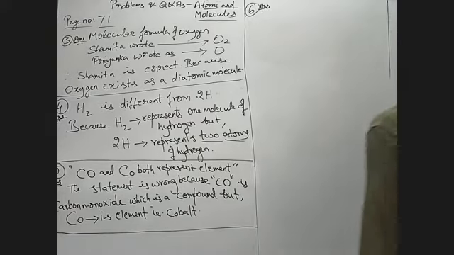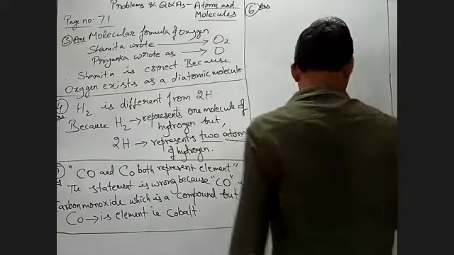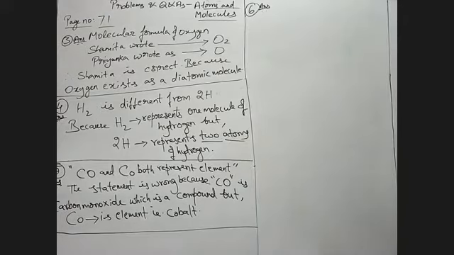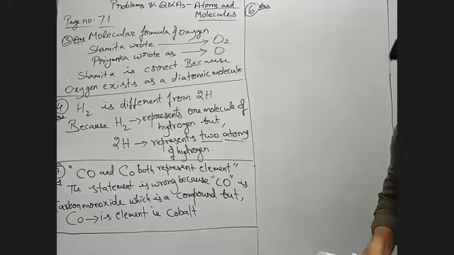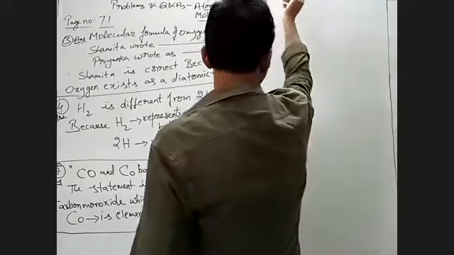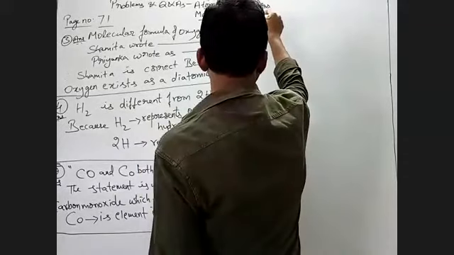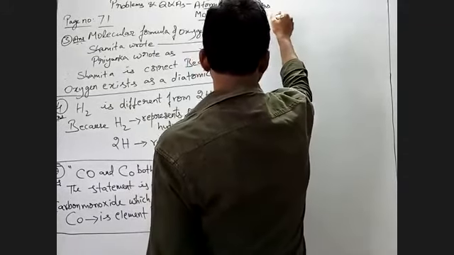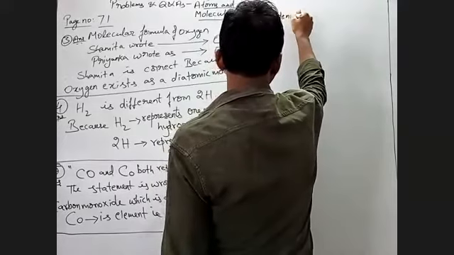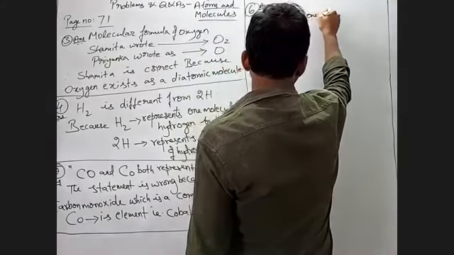Sixth one. Let us see the question. The formula of water molecule is H2O. What information do you get from this formula? Right. So it denotes one molecule of water.